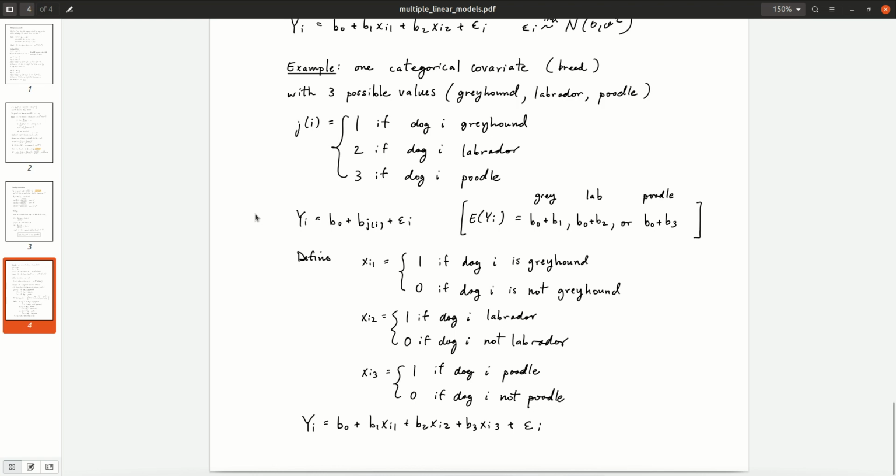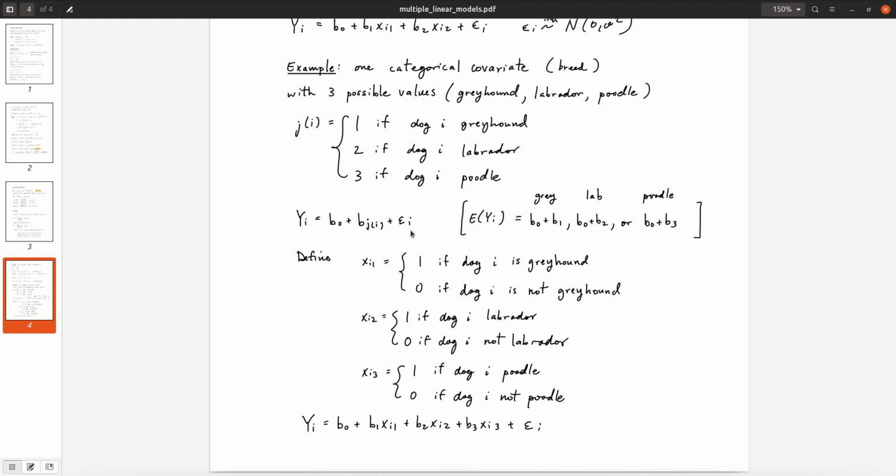And the model that we like for this particular response, suppose the response is weight. Each dog breed has an average weight, and the weights differ between the 3 breeds. The model that we like is the following. Expected yi is equal to b0 plus b sub ji plus epsilon i.